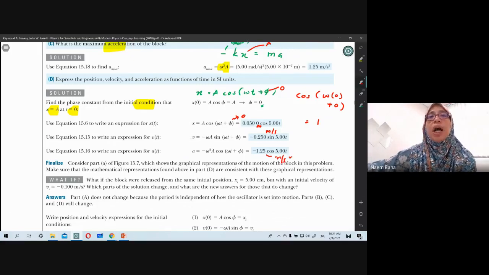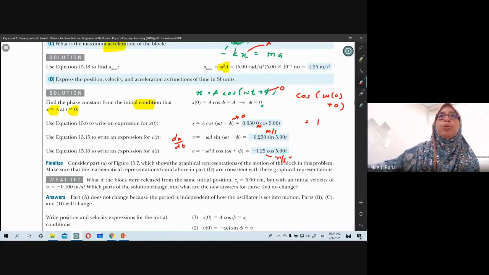Right, let's revisit how we do the derivative. So v is actually dx/dt. Okay, so we find A times the constant multiplying t, which is omega. That's the reason why it becomes omega A or A omega. Cos becomes sine. Notice that when you go to acceleration, sine becomes cos again.